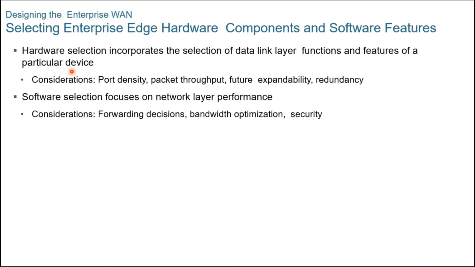The selection process typically considers the function and features of the particular devices, including their port densities, packet throughput, expandability, capabilities, and readiness to provide redundant connections. For software selection, the next step is to select the appropriate software features. When using Cisco equipment, the software is Cisco IOS. When using non-Cisco devices, you have the same considerations.